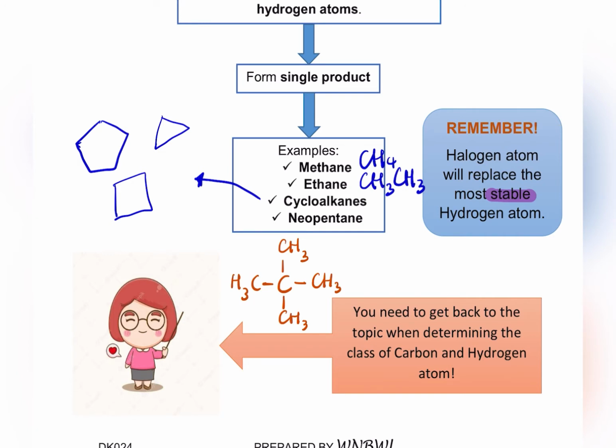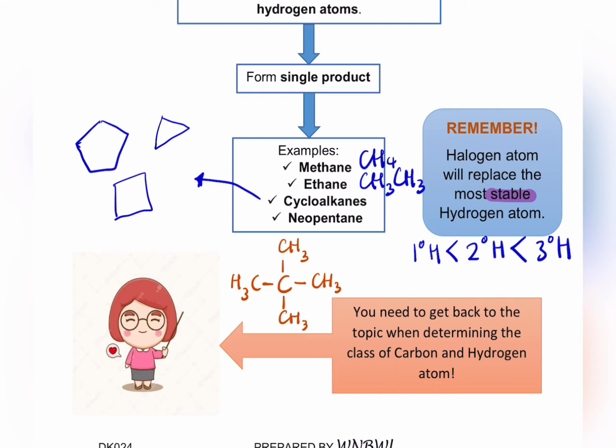So what does it mean by the most stable hydrogen atom? I hope you can get back to the subtopic where you determine the class of carbon and hydrogen atom. In terms of stability of hydrogen atom, the least stable is primary hydrogen, followed by secondary hydrogen, and the most stable is tertiary hydrogen.